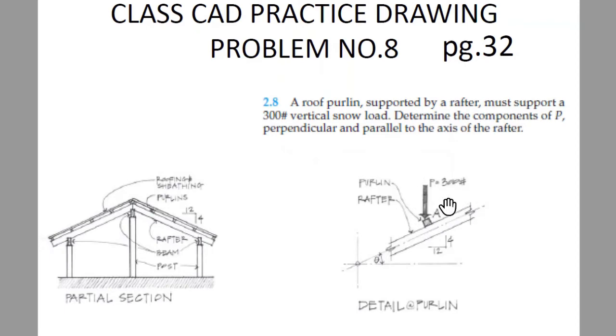So if you look at force P, we want to find the component of force P that is perpendicular to the axis of the rafter. And then we also want to find the component of force P that would be parallel to the axis of the rafter.